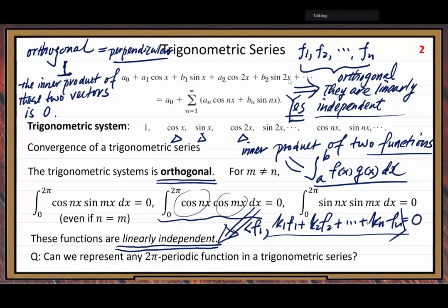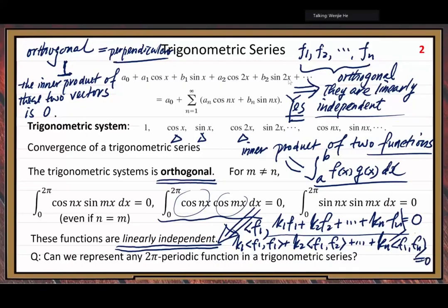When I do the inner product, because the inner product has the linearity property, can we take out k1 <f1, f1> plus k2 <f1, f2> plus ... plus kn <f1, fn> equals 0, right?